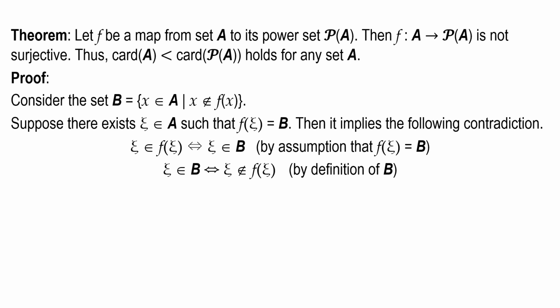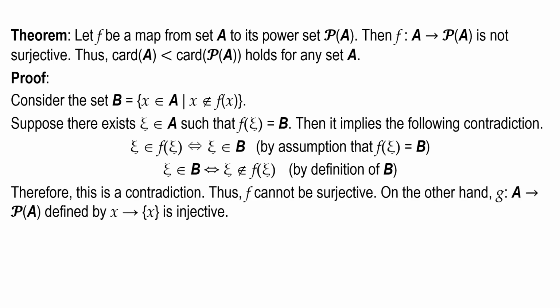If epsilon is an element of f(epsilon), then epsilon is an element of B by the assumption that f(epsilon) equals B. If epsilon is an element of B, then epsilon is not an element of f(epsilon) by definition of B. Therefore, this is a contradiction. Thus, f cannot be surjective. Therefore, card P(A) is larger than card A.